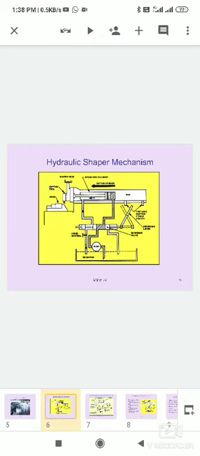the ram moves in the forward direction, and the reversing lever also moves in the forward direction.